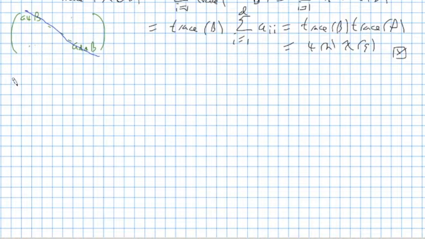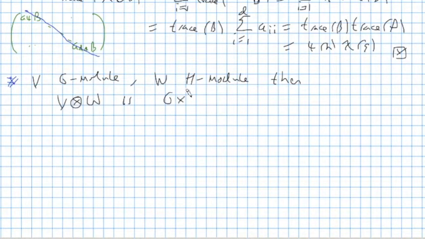We always have a module counterpart. So what's the module counterpart? If V is a G module and W is an H module, then by taking the tensor product of the vector spaces, this is going to be a module of the direct product of G and H. Okay, and the way the action would work is, if you want to know what the action of G comma H is on the vector V tensor W, then it would just be the tensor product of the corresponding vectors GV and HW.